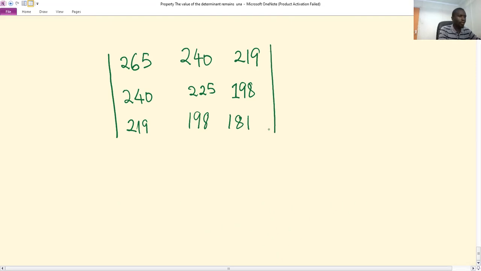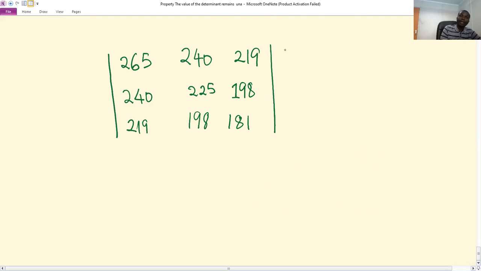The instruction was without expanding the determinant. So here we are not expected to apply the signs plus, minus, plus and then do the cofactor expansion to get the answer. So we have to use the properties of determinants to do this.